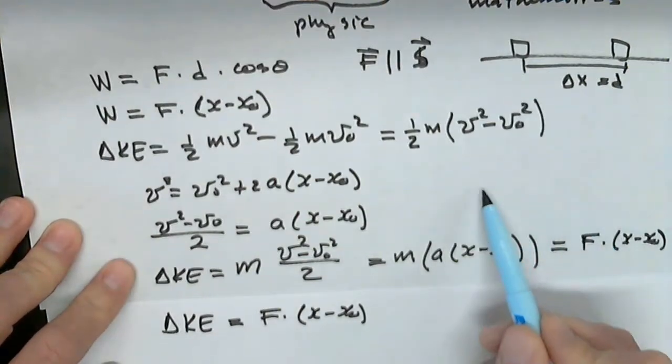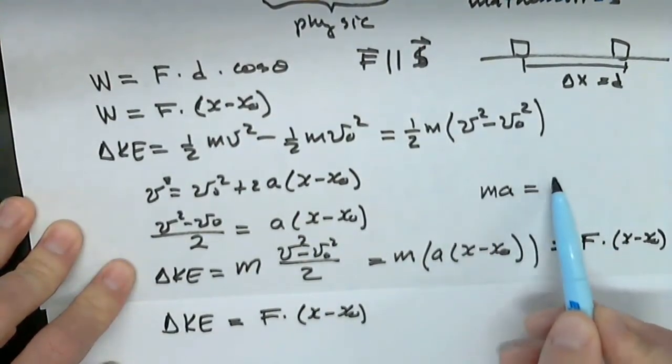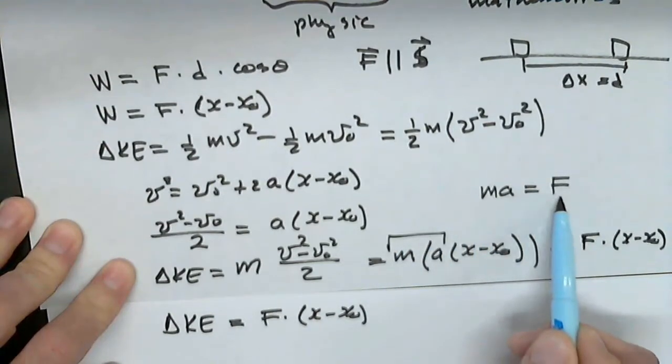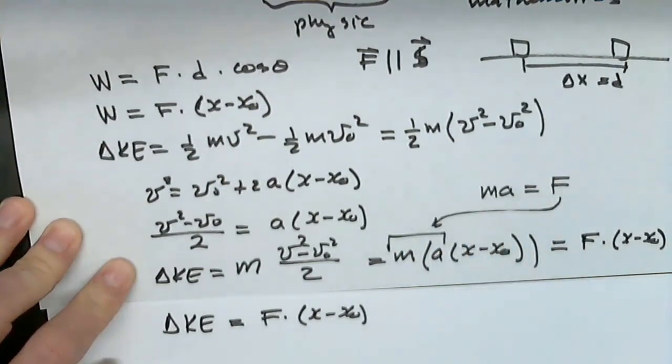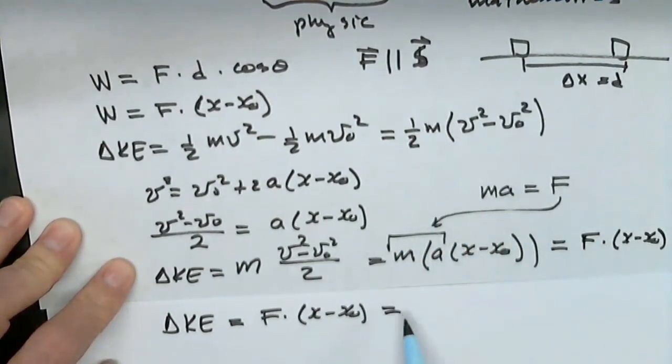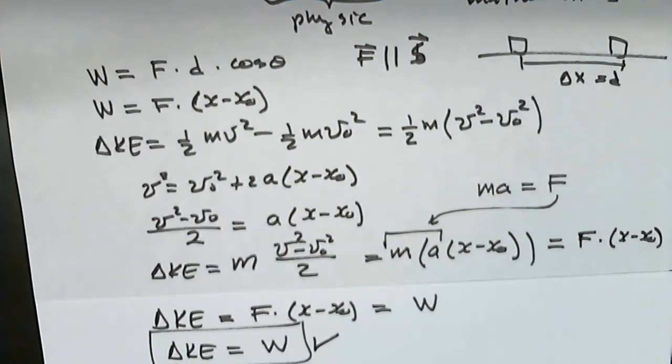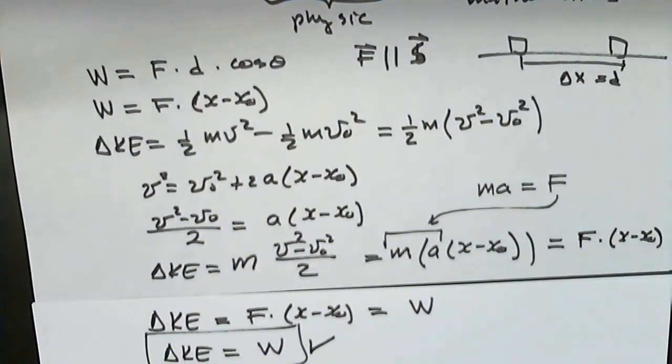Okay, so I use this here. And this is work. So change in kinetic energy equals work. So it's kind of a redundancy. That's why it's called a theorem.